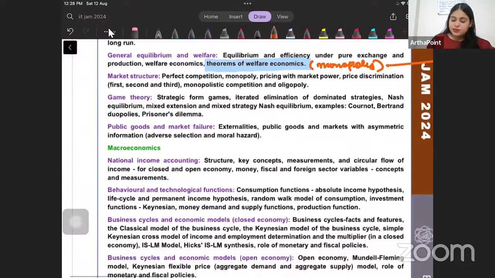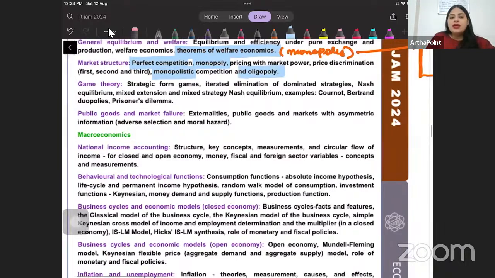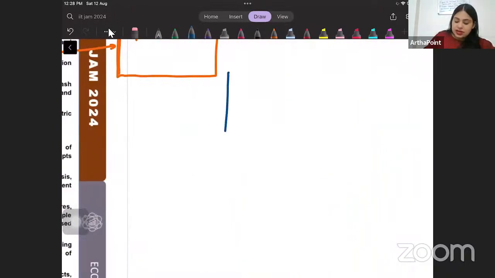Okay, beta, come forward. Market structure, perfect competition, monopoly. So how do I tell my students? Beta, between perfect competition, monopoly, monopolistic and oligopoly, क्या करना चाहिए? You should make a table.